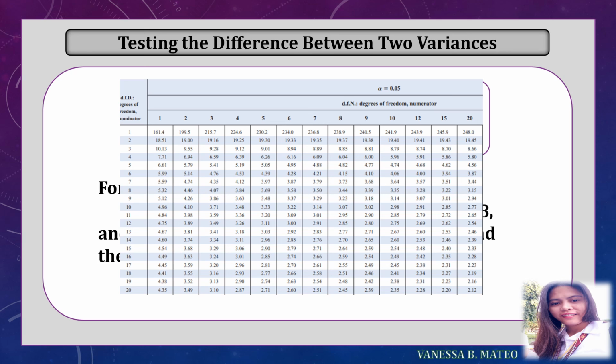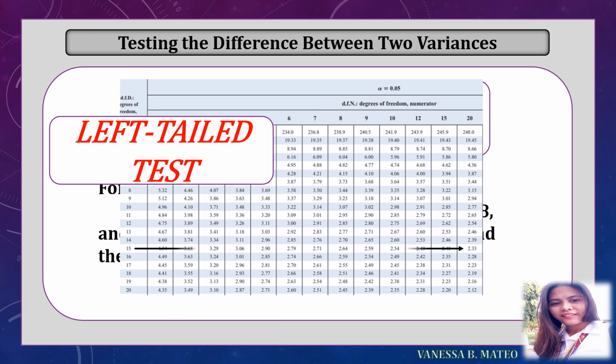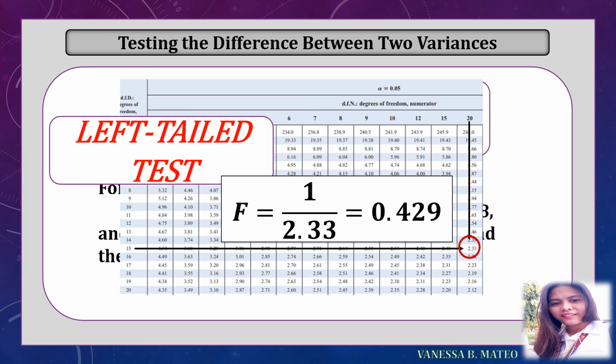So, from DFN 15, magiging DFN 20 tayo, and from DFD 20, magiging DFD 15 tayo. And yung intersection nila, which is 2.33, kailangan natin kunin yung reciprocal nun to get the F value, which is 0.429. So, that is for the left-tailed test.